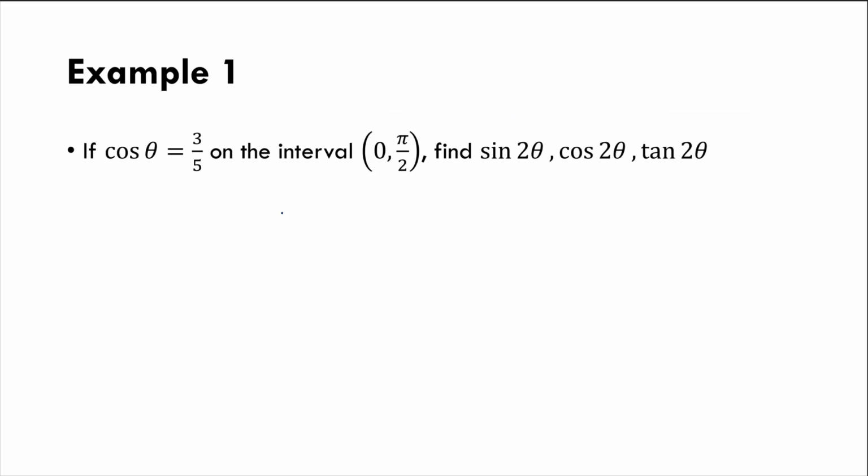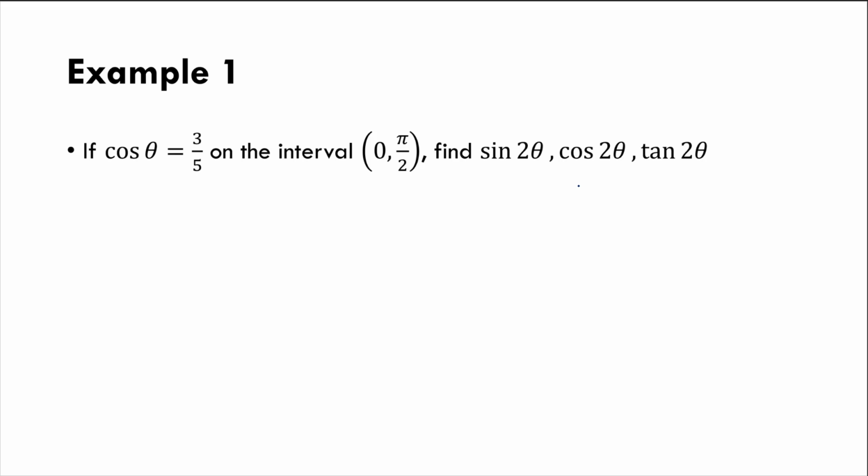Example number 1: if cosine of theta is equal to 3 over 5 on the interval 0 to pi over 2, we're asked to find sine of 2 theta, cosine of 2 theta, and tangent of 2 theta. Let's think about this.